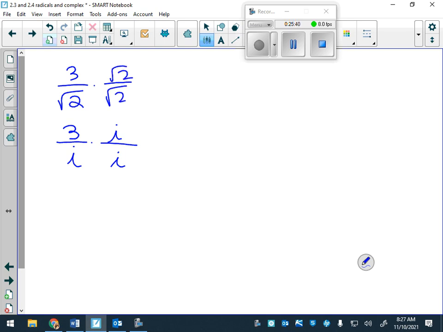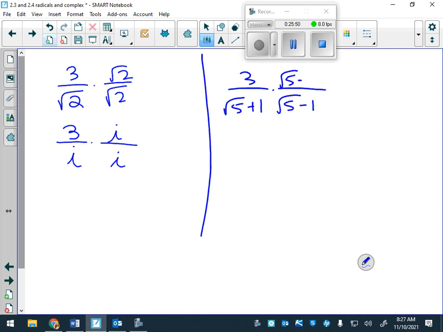When you have an expression, square root of 5 plus 1, you're multiplying by square root of 5 minus 1, top and bottom. Same thing applies with the i's. If I had 3 plus i, I'm multiplying by that conjugate. So when you have an expression meaning adding and subtracting, that's where you multiply by the conjugate, okay?